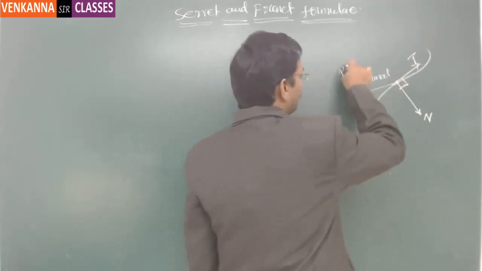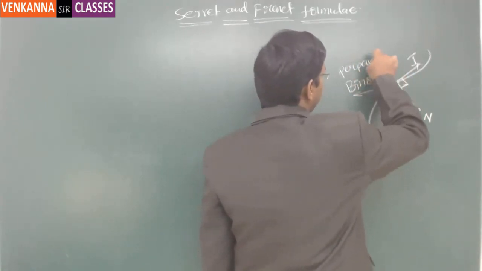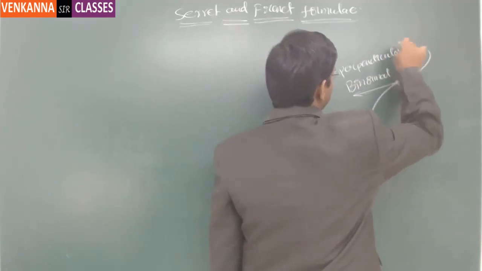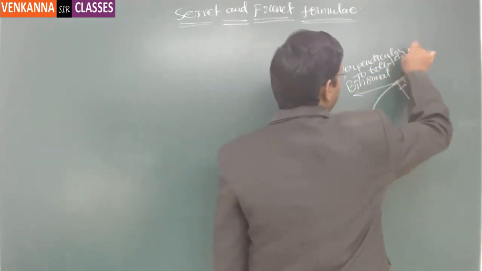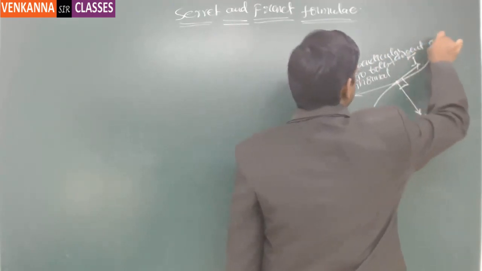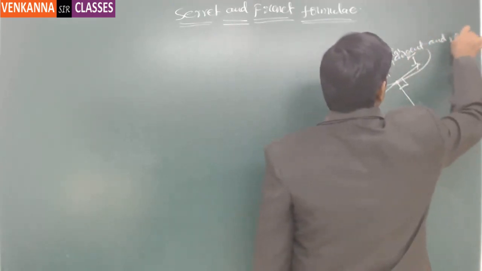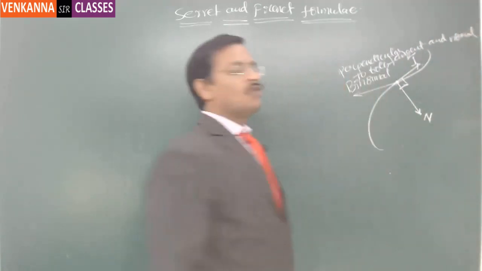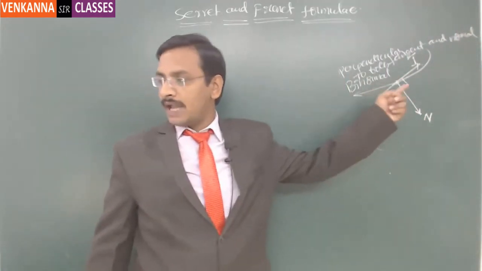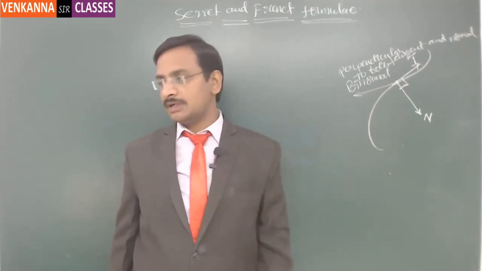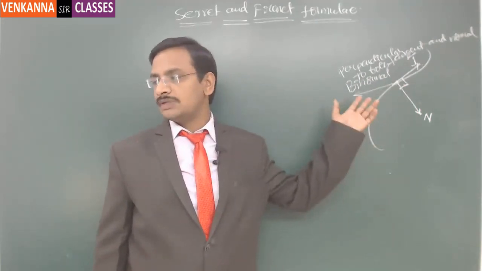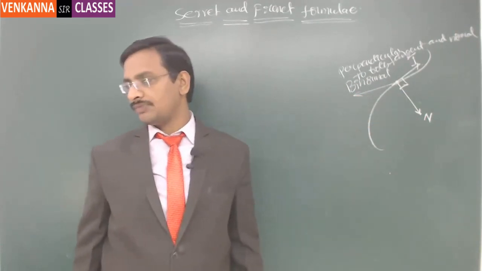Perpendicular to both tangent and normal. So there will be one more direction which is perpendicular to both tangent and normal. This comes into picture only in case of three-dimensional curves, right? So in two-dimensional curves, this kind of situation is not there, right?